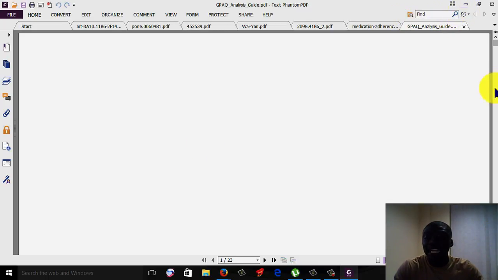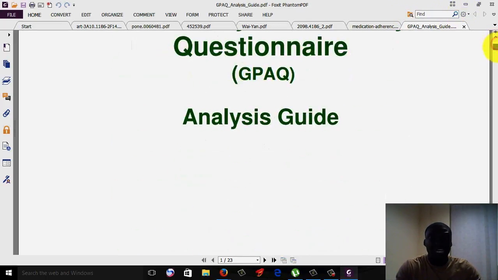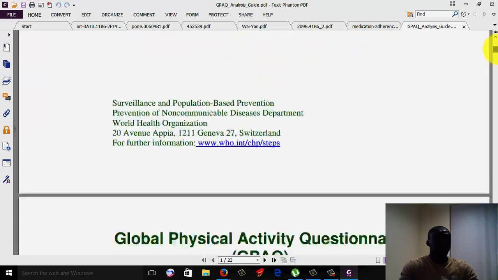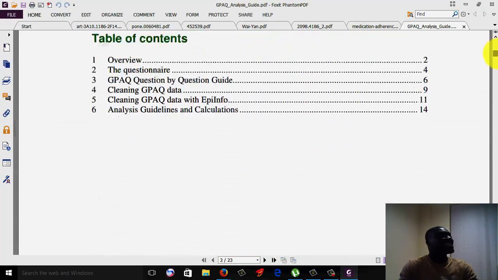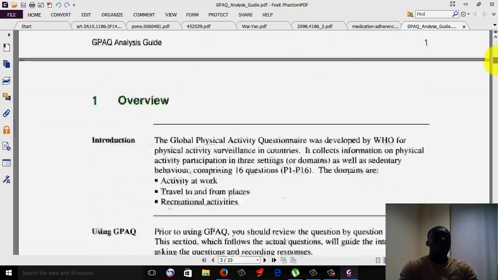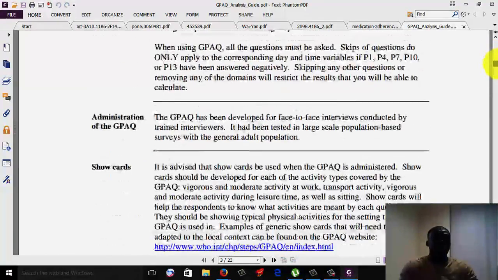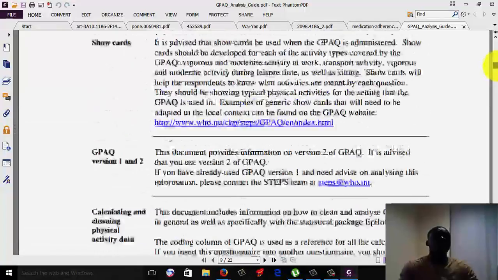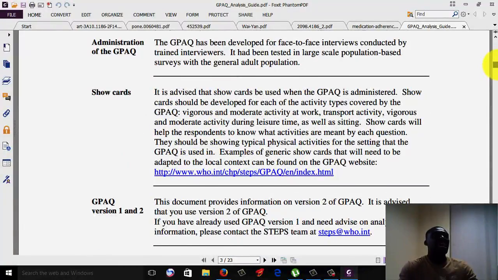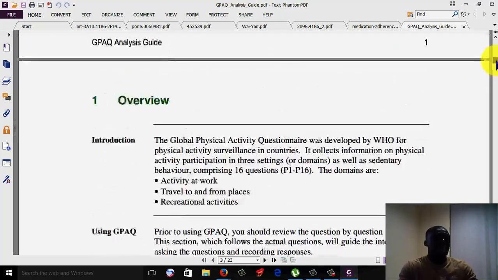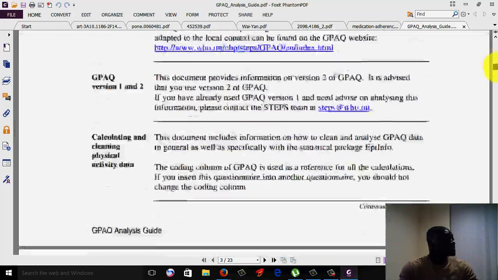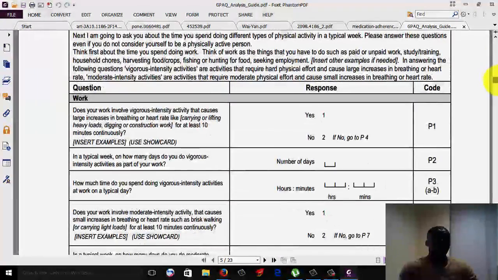You may find so many others. This is trying to assess what we call physical activity. And you look at the way they have given you a standardized thing, how to administer it. Everything is there. And this is coming from a reputable organization. So you see, it assesses your work.